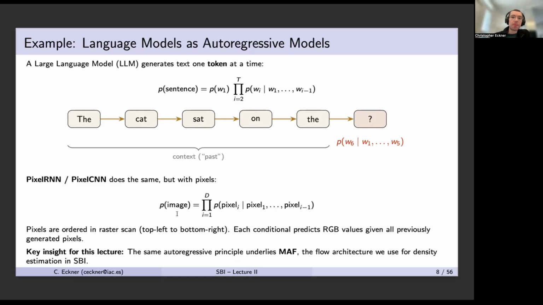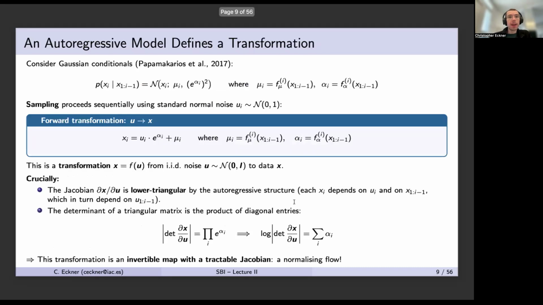The same you can do also for pixels in an image or in a time series of observations and so on and so forth. So this underlying principle is universal and can be applied to many fields, not only normalizing flows, which we will discuss in the following.